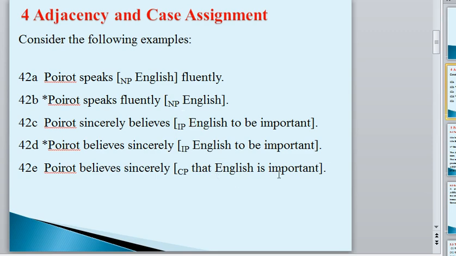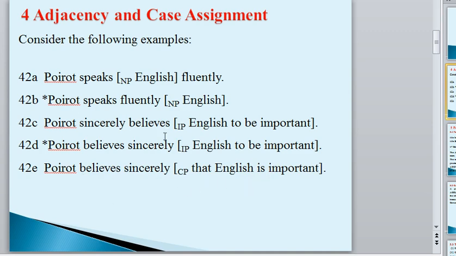But in the last example we have a finite sentence. So there is agreement between the subject and the verb to be. So this verb to be can assign case to the subject. So it doesn't need the verb before it, believes. So it can assign inside the subordinate sentence. So this is correct and there is no problem.